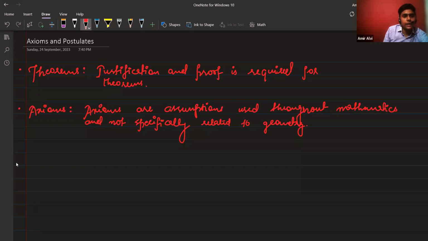Okay, and the next thing is postulates. So only these two statements are there. This chapter is totally based on these statements. What is an axiom? What is a postulate? Have you written it down, Simrat? I'm writing.